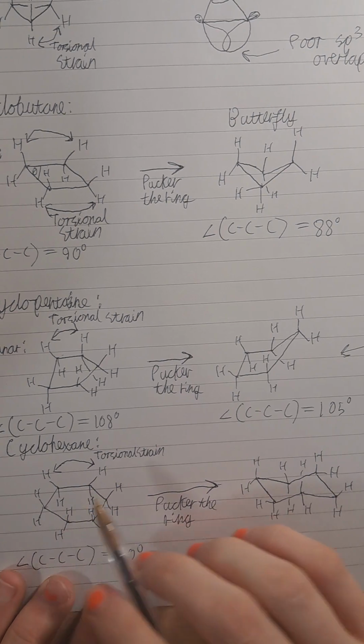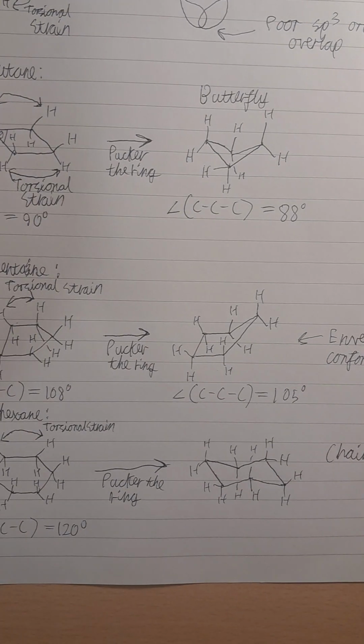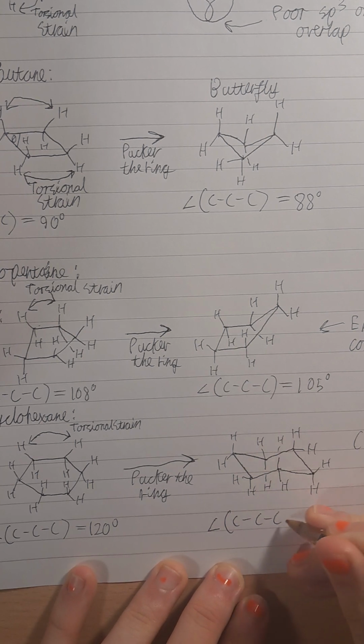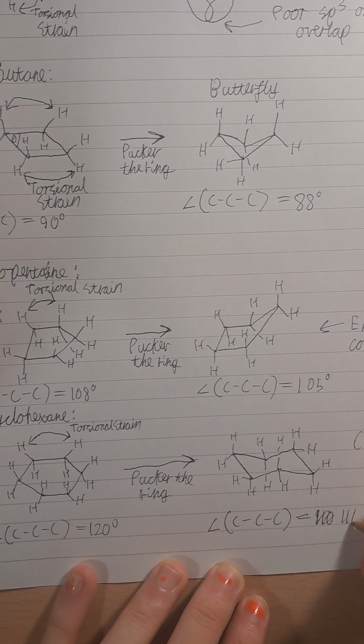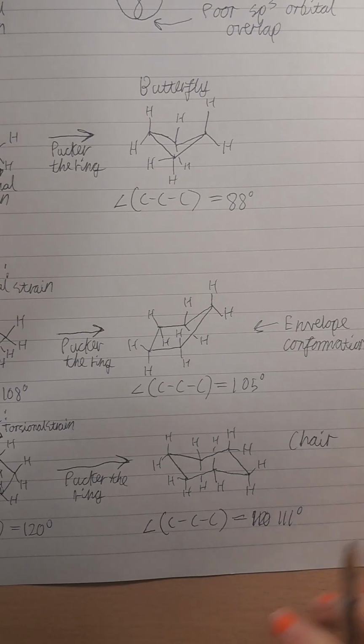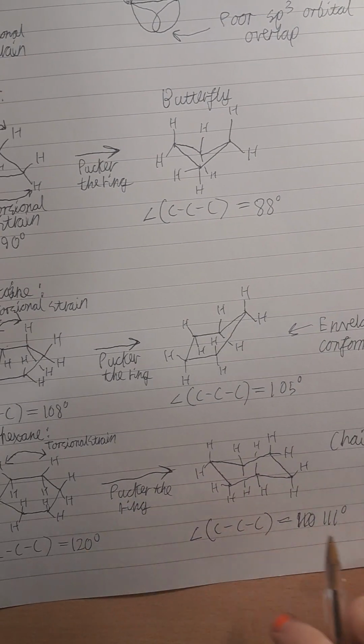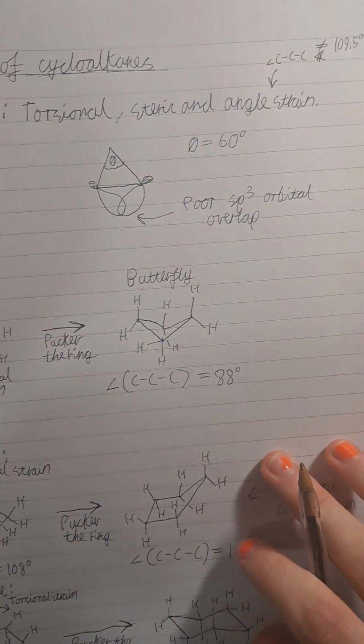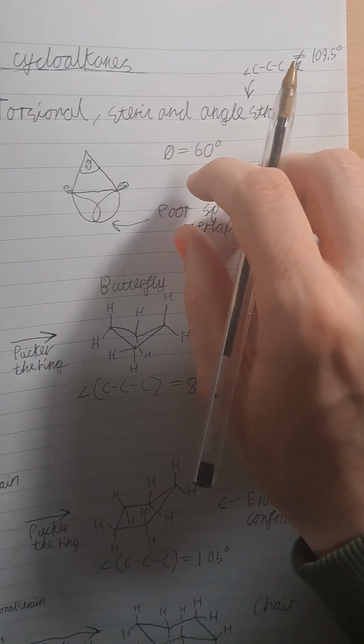That one's planar, you already know. So the only difference with this one compared to the previous two is that the CCC bond angle is 111 degrees. Now you can see it started off as 120, now it's gone to 111.